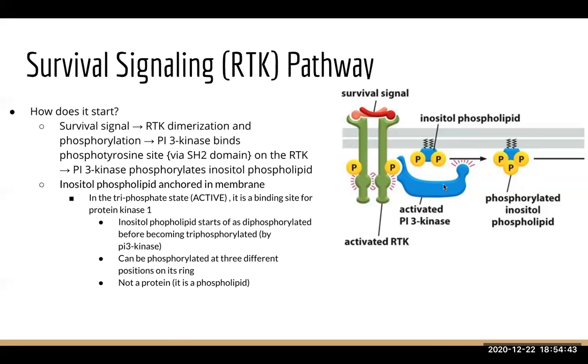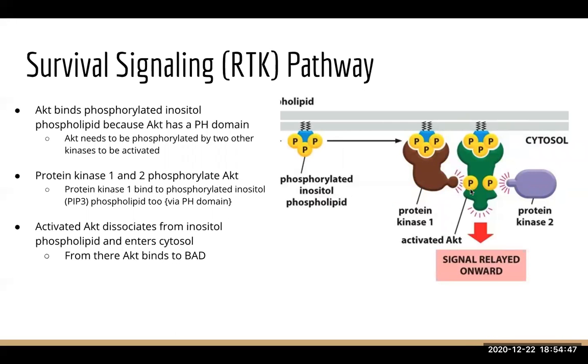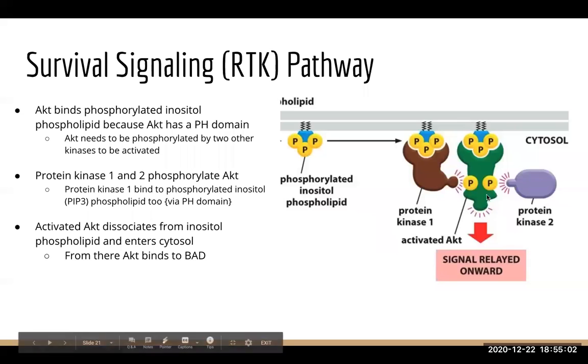Okay, so once this guy adds the phosphate group to PIP3, there's another protein called AKT. AKT is going to find PIP3 that has 3 phosphate groups attached to it, and it's going to attach itself. So forget these guys for a minute, just focus on the AKT right here.